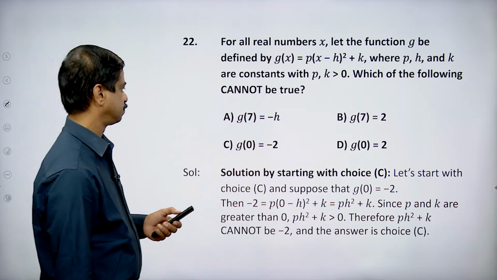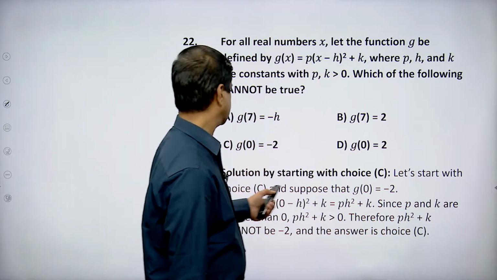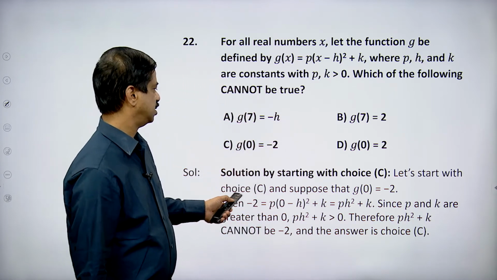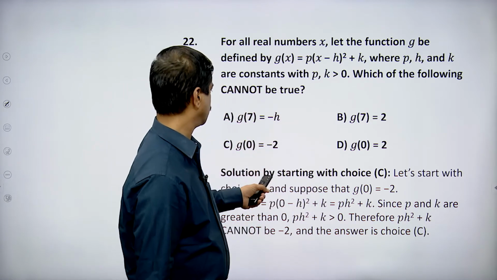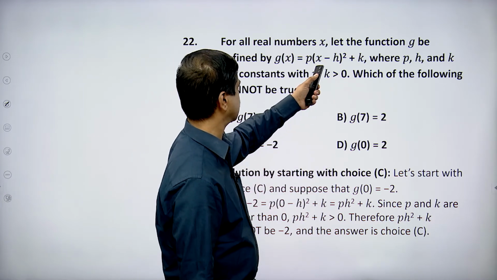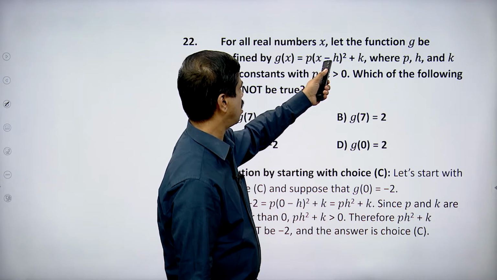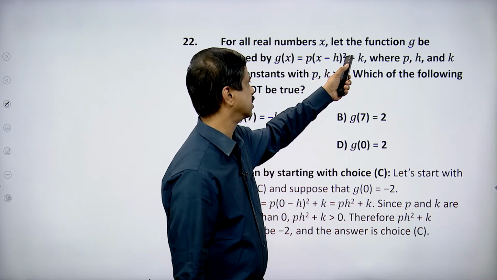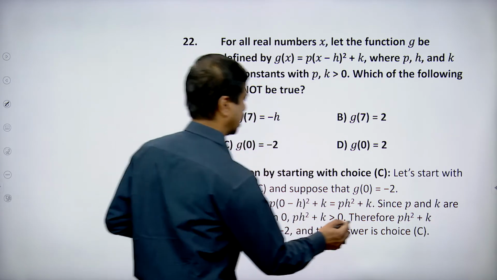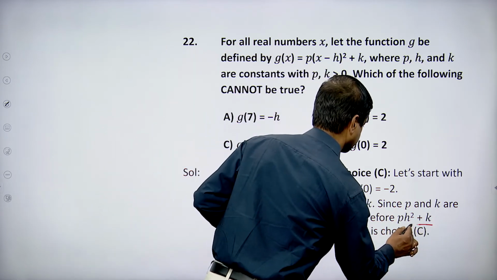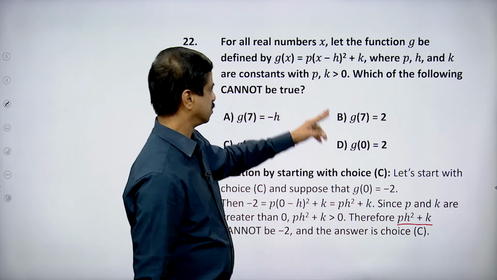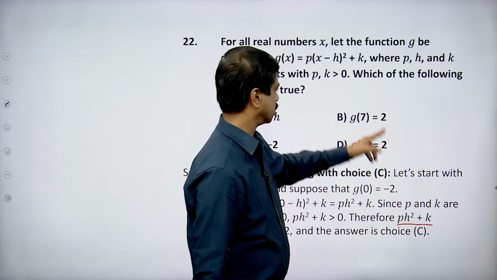So now, if you are starting with choice C, g of 0, what is g of 0 equal to how much he gave? Minus 2. So g of 0 means x means 0. P of 0 minus h whole square, means p h square plus k. So this is what you will be getting, p h square plus k. Now p is positive, k is positive.